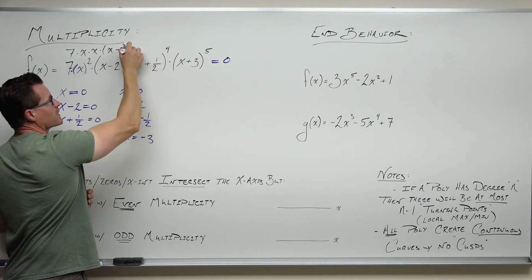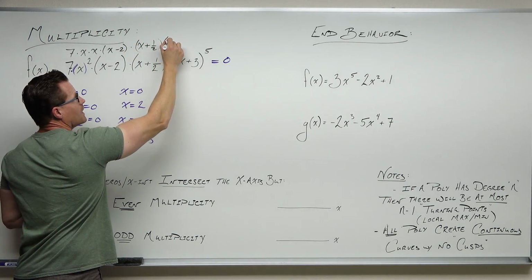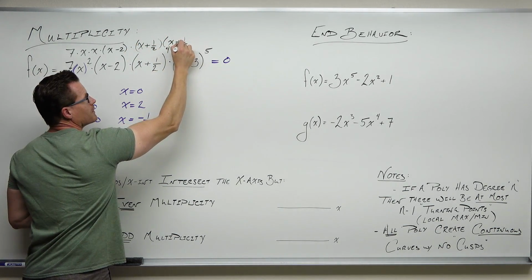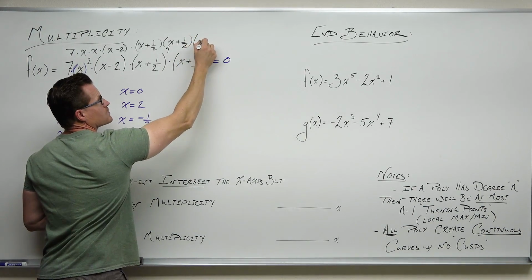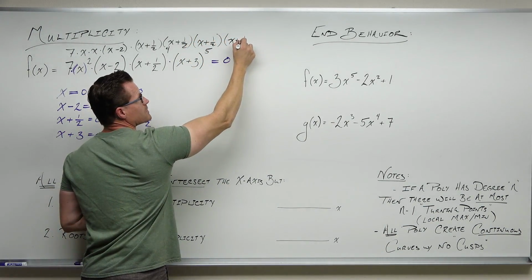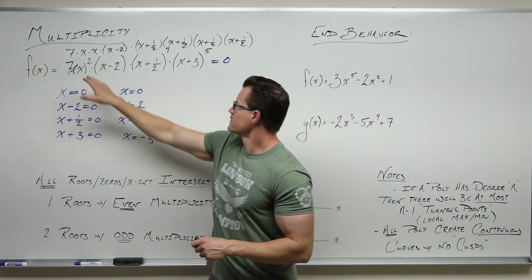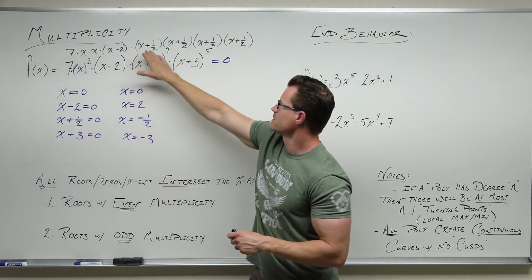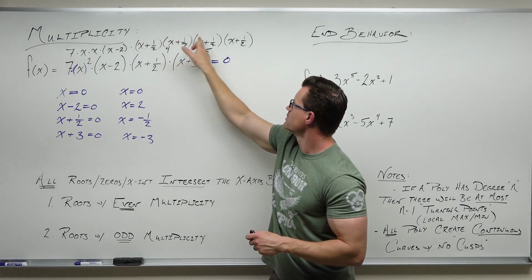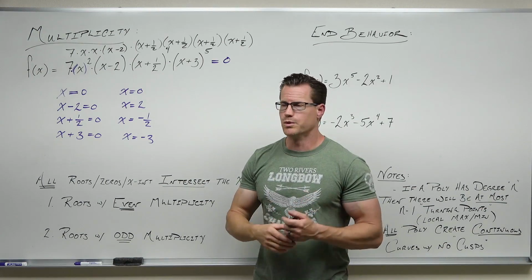And this is where it gets a little crazy, times x plus 1/2 times x plus 1/2 times x plus 1/2, and you could do that again, x plus 1/2. I'm going to pause there because hopefully you're going to get the point. This is still 7x squared times x minus 2 times x plus 1/2 to the 1, 2, 3, 4th power.